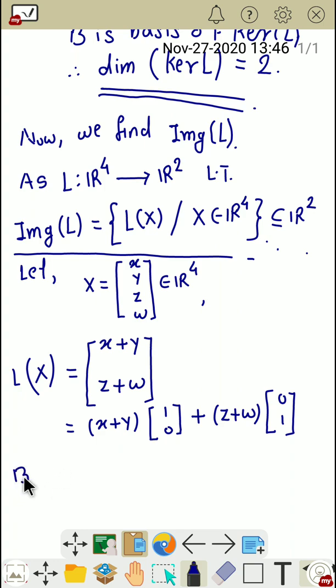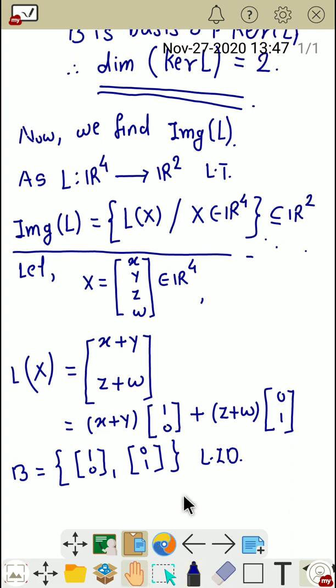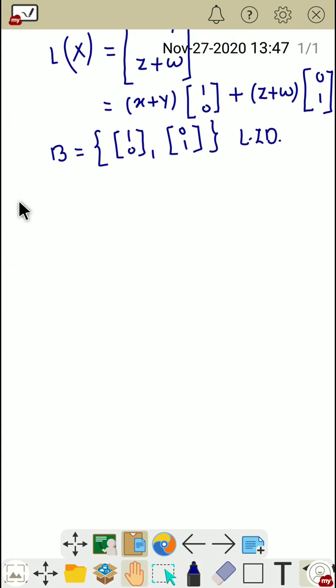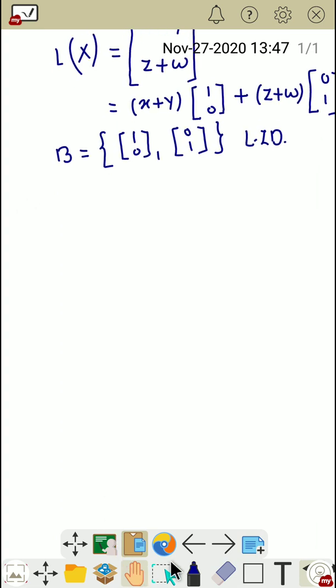So B is a set of vectors (1, 0) and (0, 1), and this set is linearly independent and generates the elements in the image set of L.